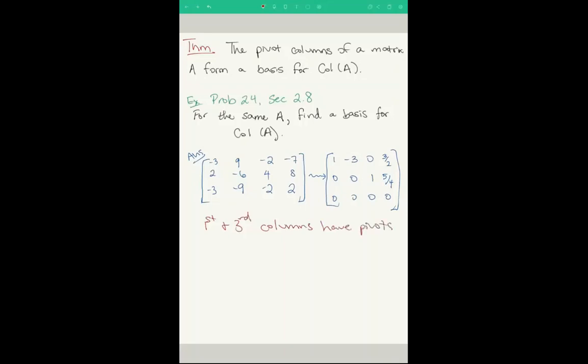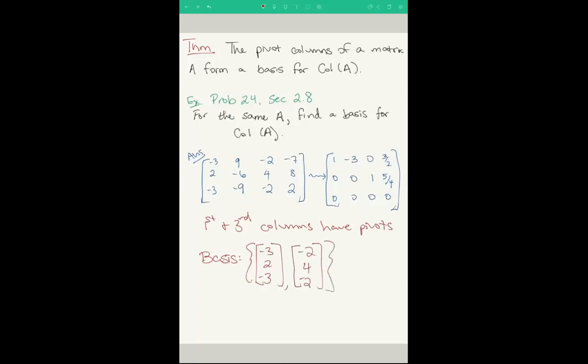So those are the ones that form the basis. So our basis for the column space is going to be the first column of A, which in this case is -3, 2, -3, and the third column of A, which is -2, 4, -2. So this is our basis.